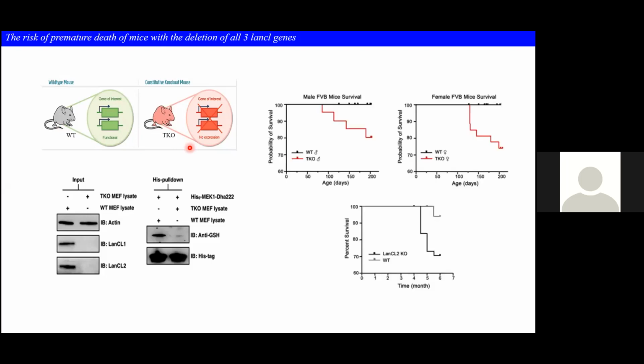But during the pandemic, with an unknown stimulus to the mice, we observed abnormal premature death of the triple knockout mice at 6 months of age, suggesting that these LanCL genes are very important for the survival of the organisms.